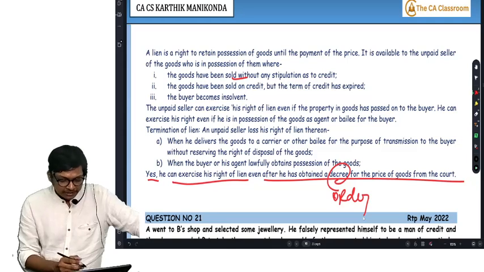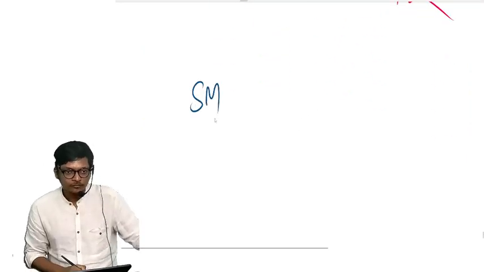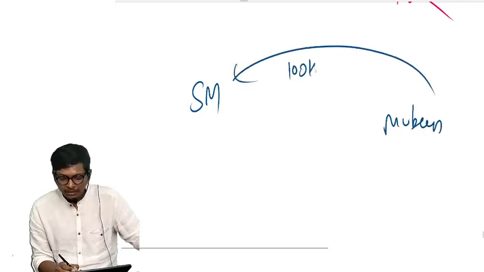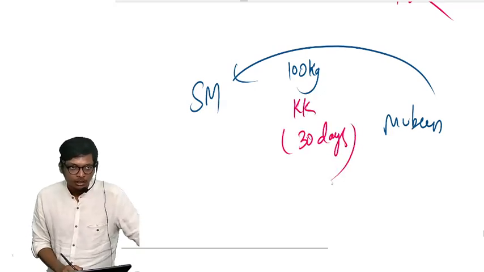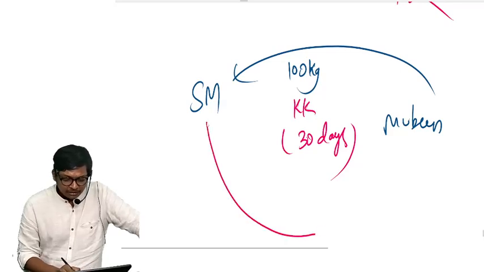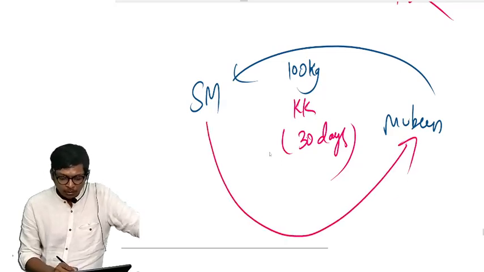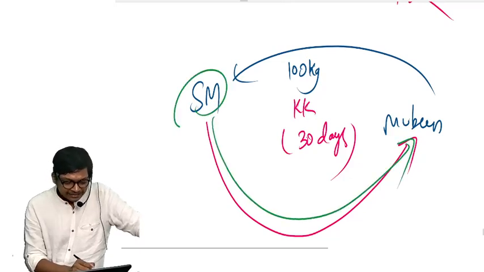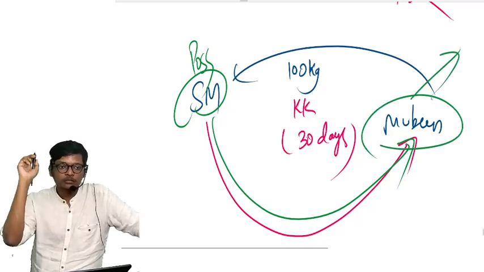I'll tell you, see. Sri Mitai is there. Mubin went to Sri Mitai and ordered 100 kgs of Kaju Katli, which has a life of 30 days. Sri Mitai made it for Mubin and also gave him the bill, and ownership also is transferred to Mubin. I still have the possession. This time Mubin shouted, I will not pay, and ran out.